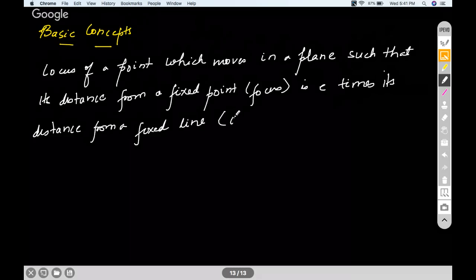That's called the directrix. And this e value is greater than 1.